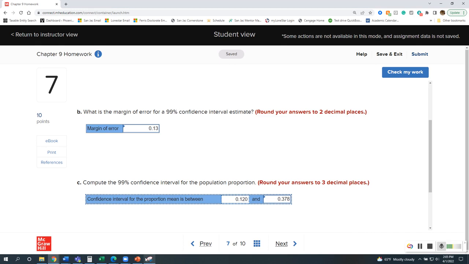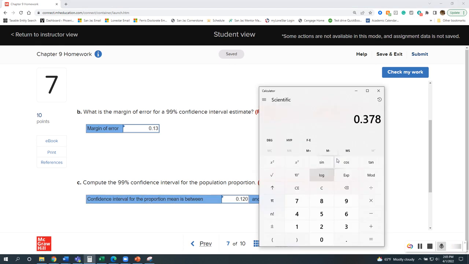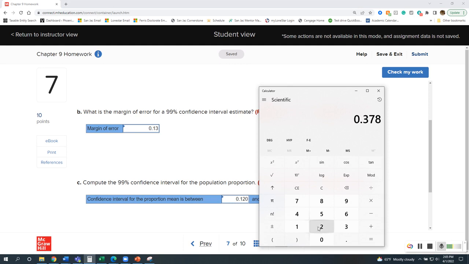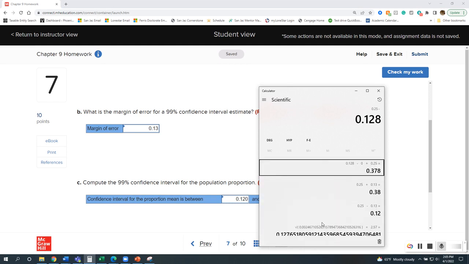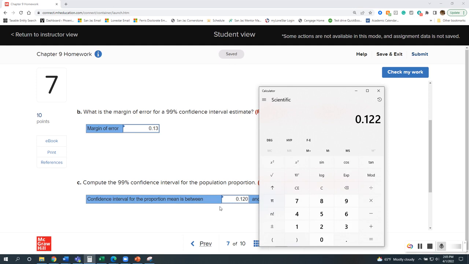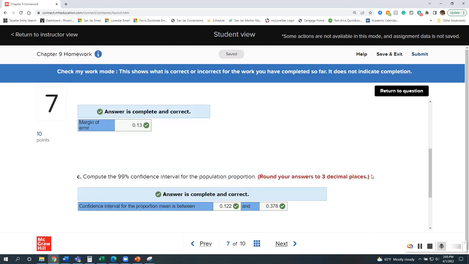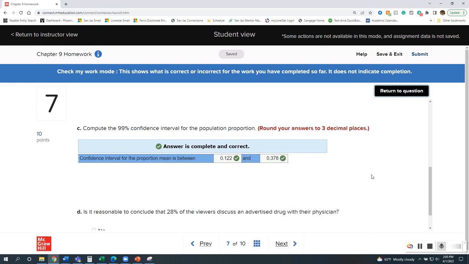And then we take .127, 128, so 0.25 minus 0.128, 0.1. Okay, there we go. Alright, so gotta watch out for that then.